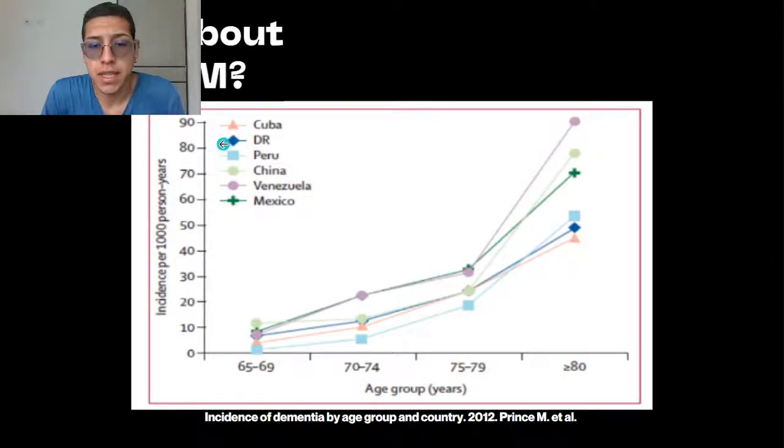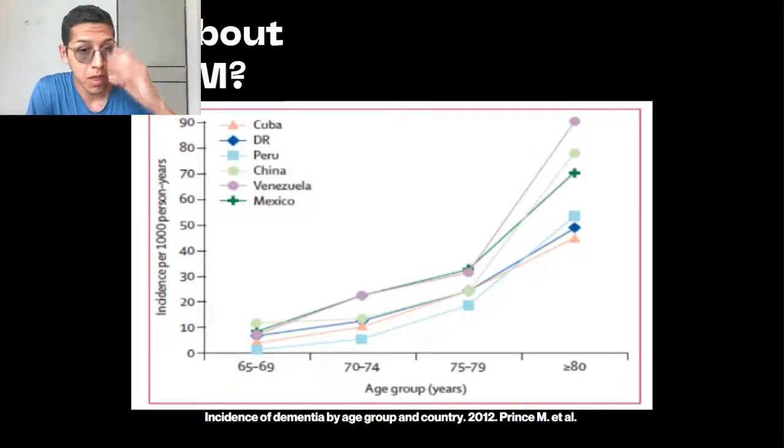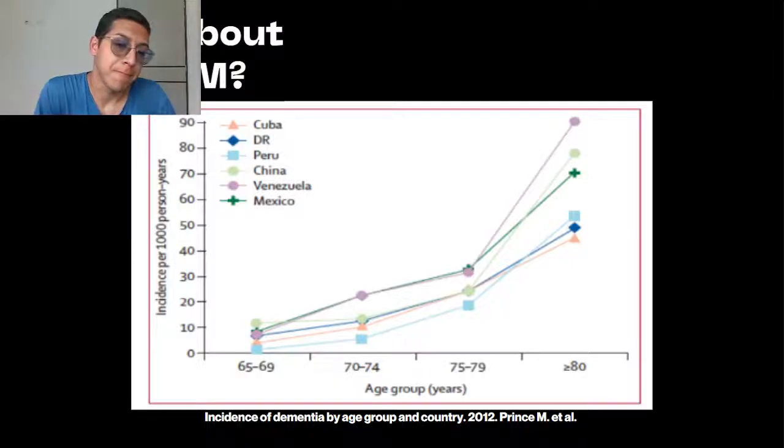Okay, in the case of Latam, in 2012, this graph shows us that Venezuela is one of the countries with more cases of Alzheimer's, and it's just overcome by China.